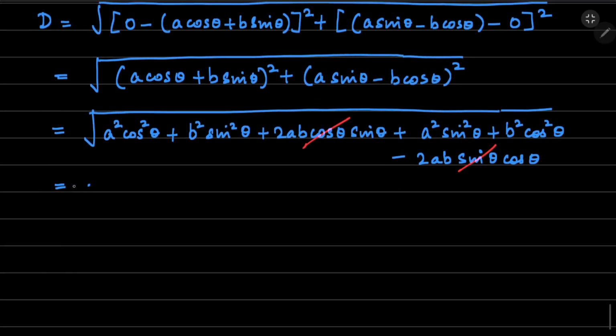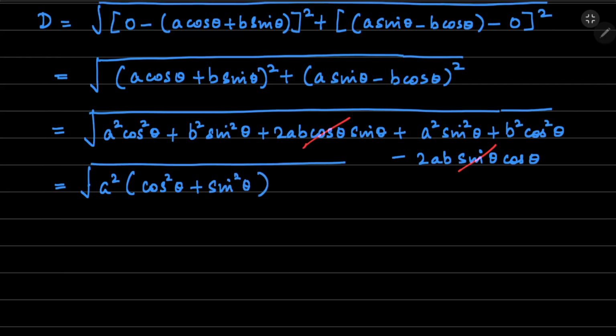Now, what is left here? You can combine the terms with a square: a square cos square theta and a square sin square theta. Take a square common. What is inside is just cos square theta plus sin square theta.